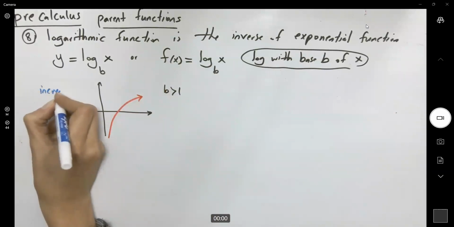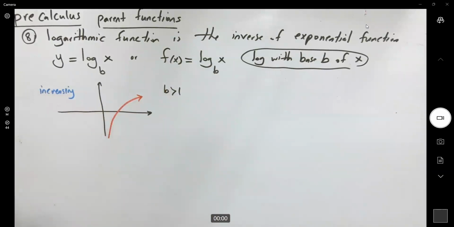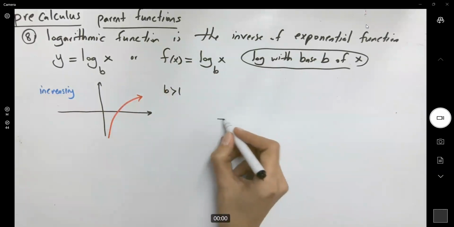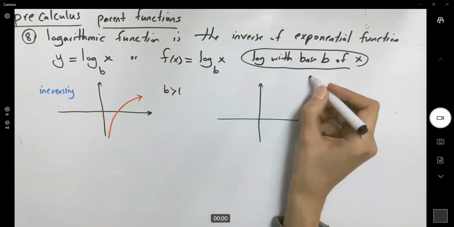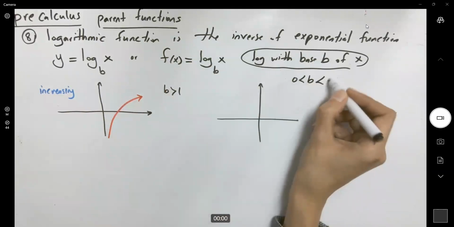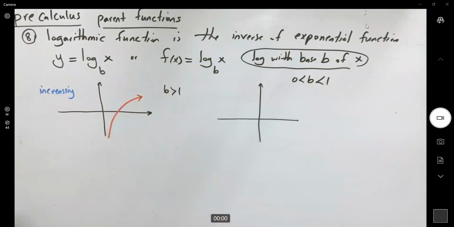If b is sandwiched between 0 and 1, then your graph behaves like this.